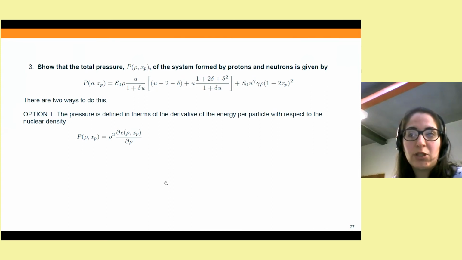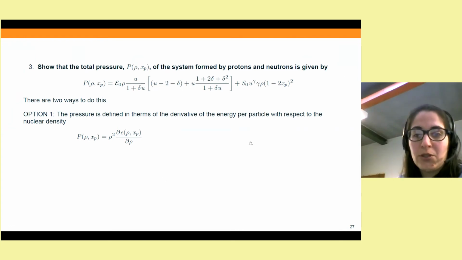I give you a few minutes to do so, maybe. So you can try to work out these kinds of derivatives yourselves. Did you get this expression here? Or do you have any trouble?